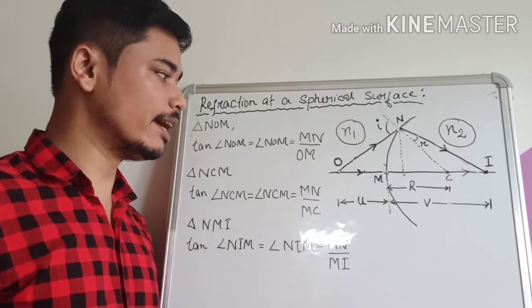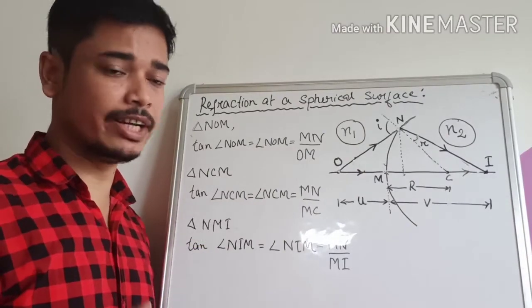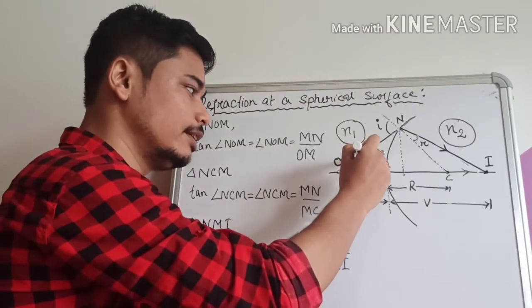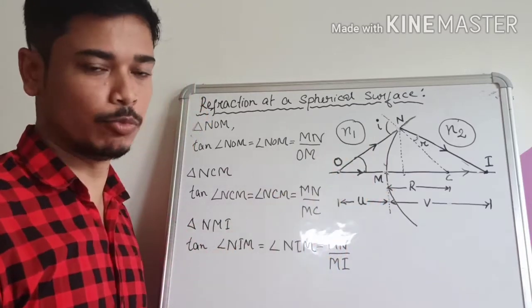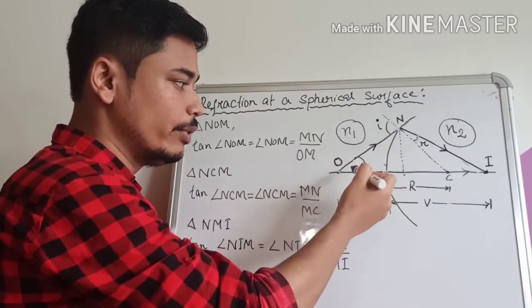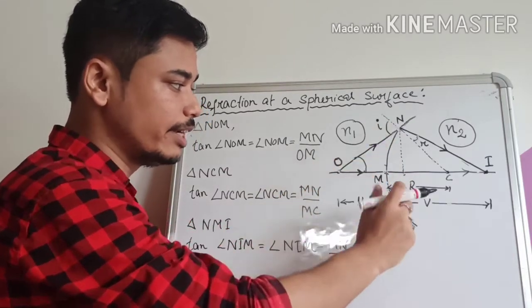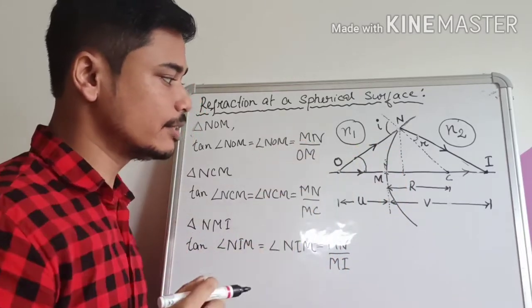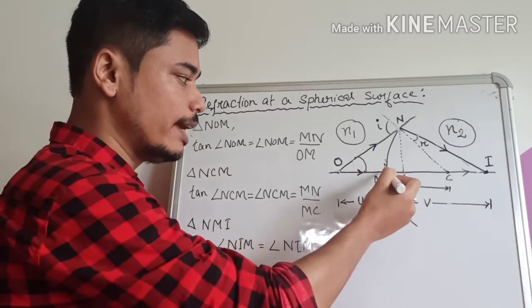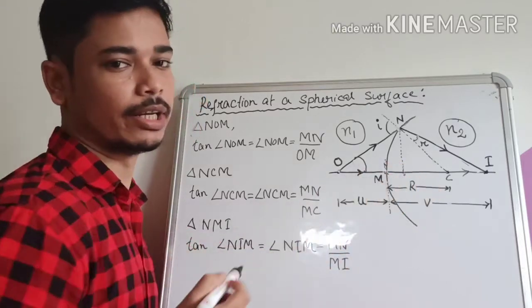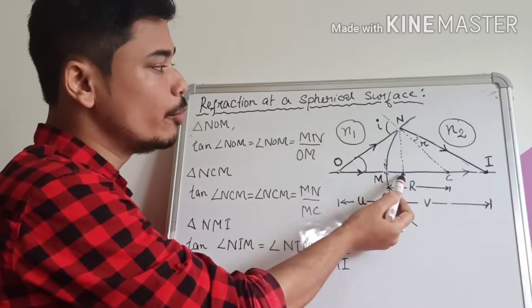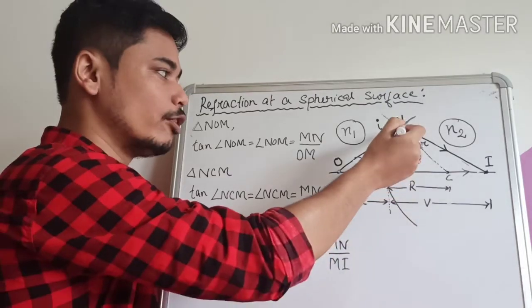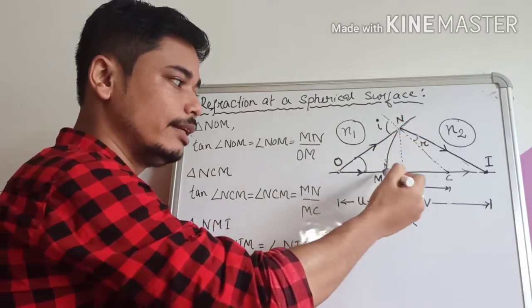Now for this ray diagram, if we consider the angles to be very small, then this ray will strike the spherical surface at a point somewhere here, right? In that case, this point M will be very close to this point. We have just dropped a normal from the point N on this ray.